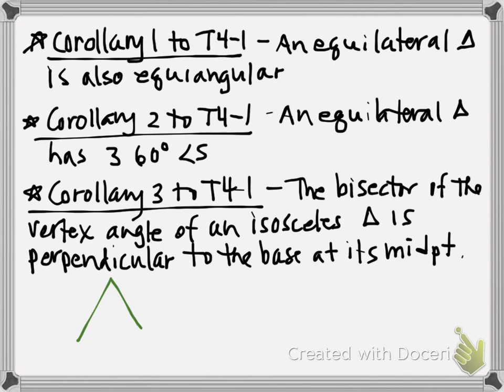So we've got an isosceles triangle. And this is saying that the bisector of the vertex angle is 2 things. 1, perpendicular to the base. 2, at its midpoint. So let me put some letters in here.